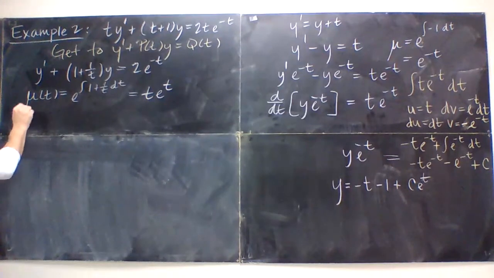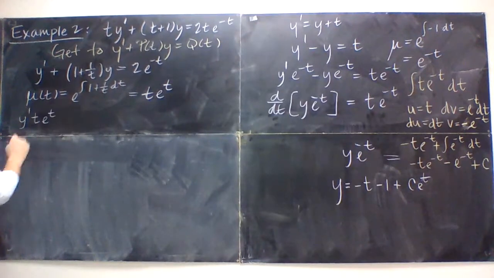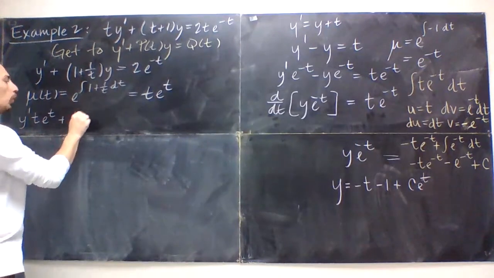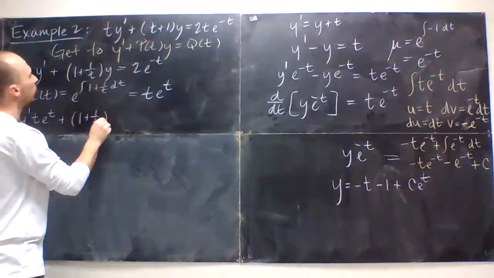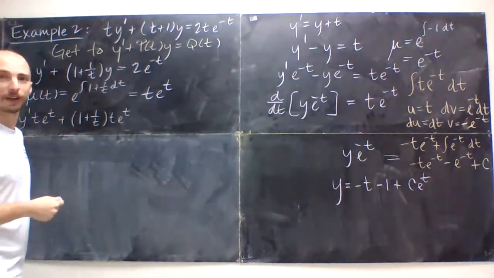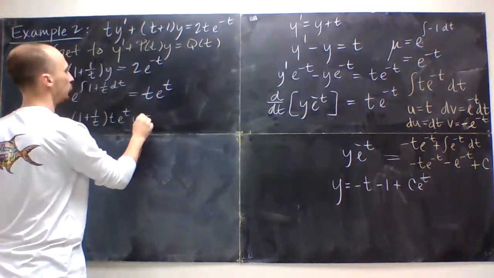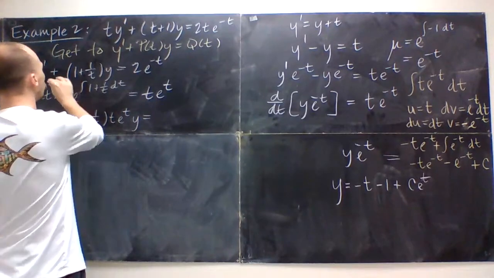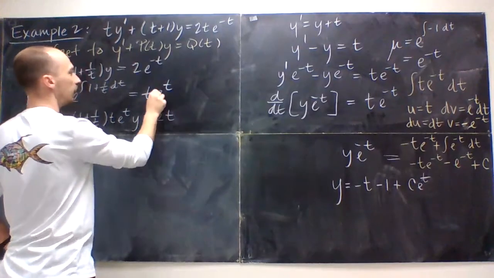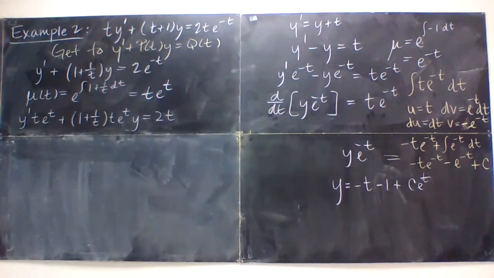So y prime times t e to the t plus 1 plus 1 over t times t e to the t, this one I have to take on faith, times y, equals 2t e to the t times e to the negative t, and e to the t times e to the negative t is just 1. Okay, so that's kind of what I've got here.